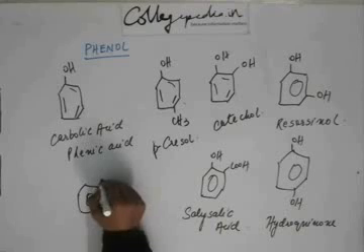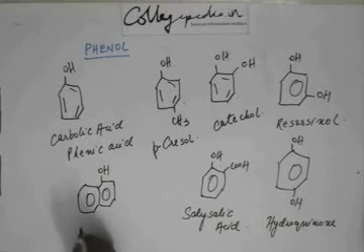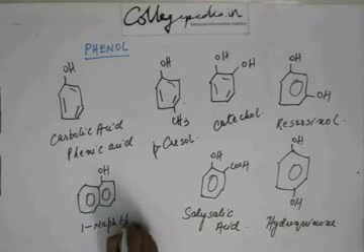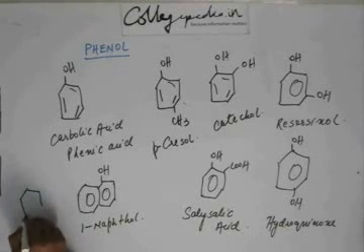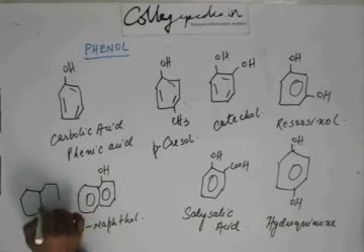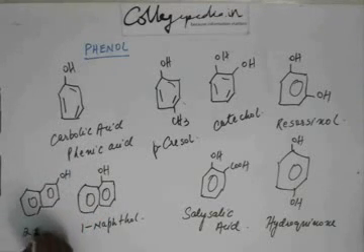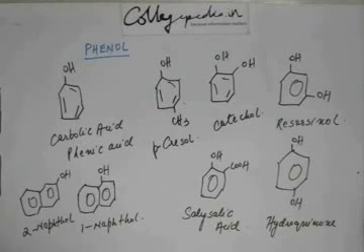If we have hydroxy group at this position, this is called 1-naphthol. If that hydroxy group is at beta position, this is called as 2-naphthol. 1-naphthol, 2-naphthol. So these are common, very common and very important phenols.